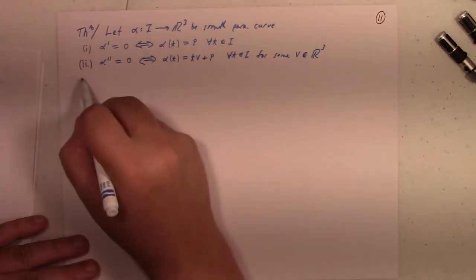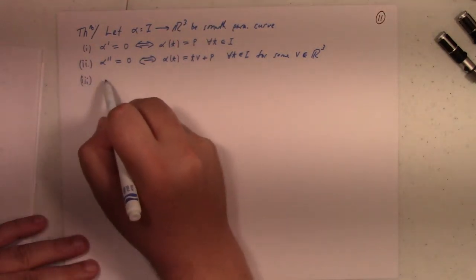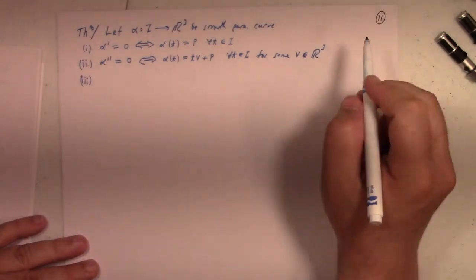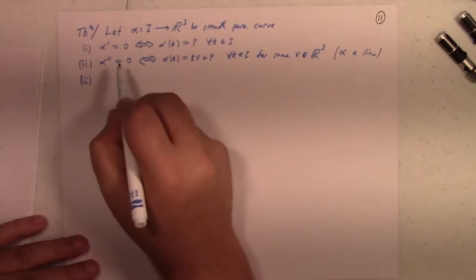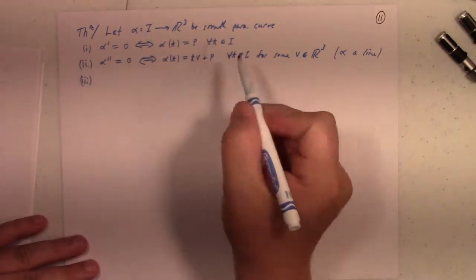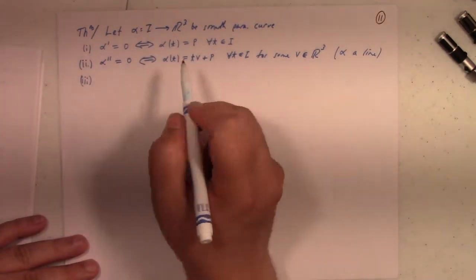And three, and of course this is to say that alpha is a line, right? We can recognize that parametric equation is the equation of a line with direction vector v and base point p.